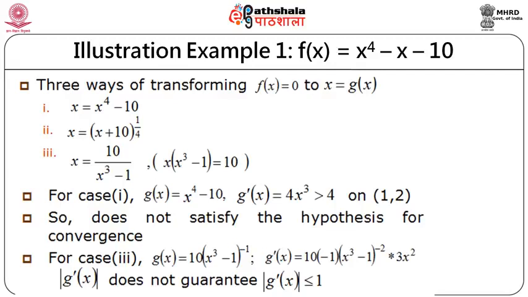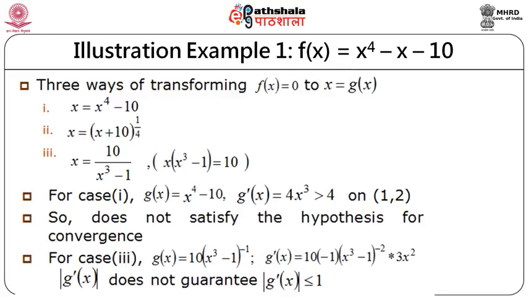The other way is to keep x raised to 4 on one side and take x plus 10 on the other side, giving us x equal to x plus 10 raised to 1 by 4. And the third is to take 10 on the other side, giving us x raised to 4 minus x equal to 10. We take x common, so x into x cube minus 1 is equal to 10, giving us x equal to 10 upon x cube minus 1.